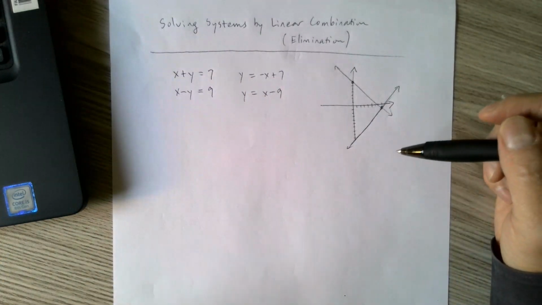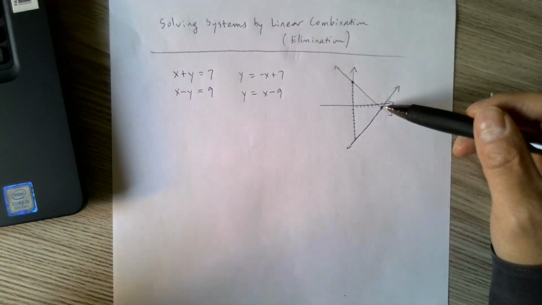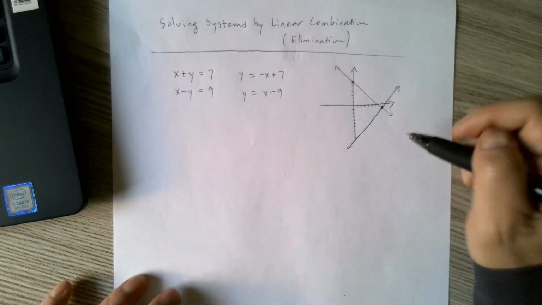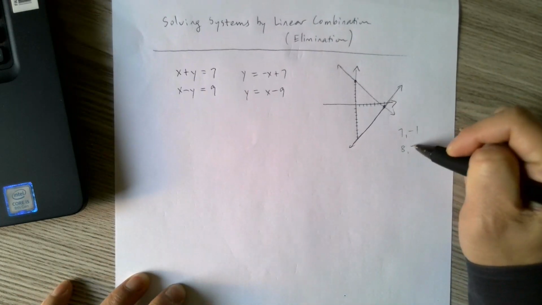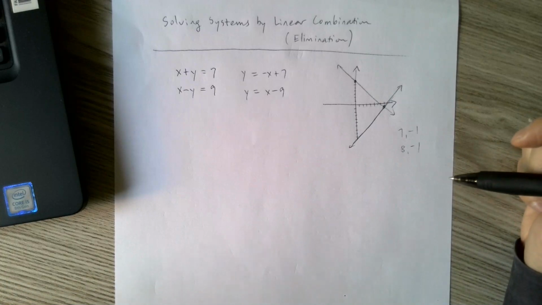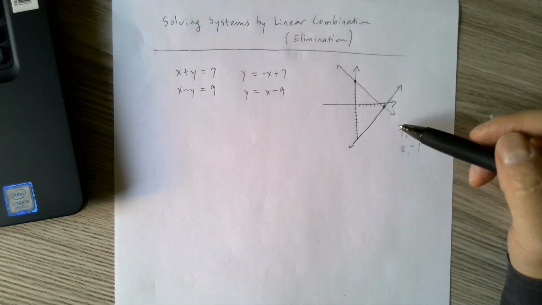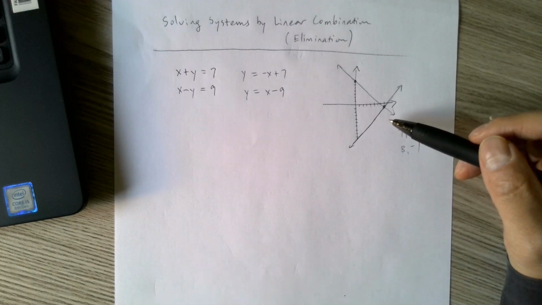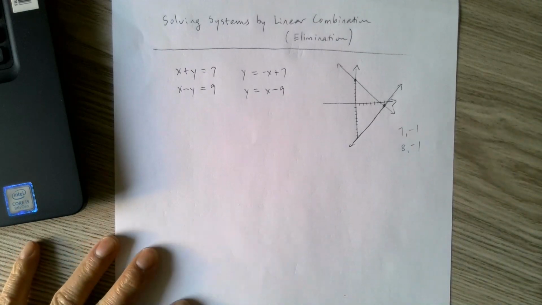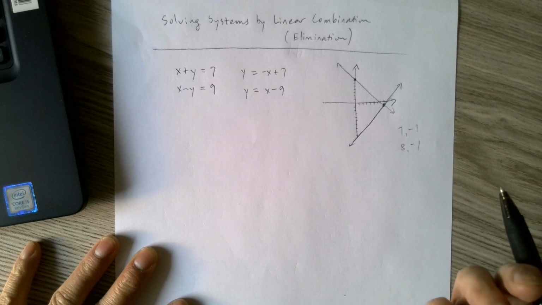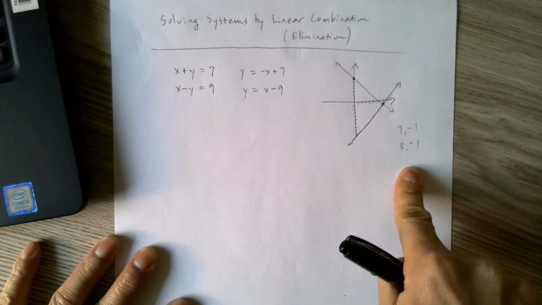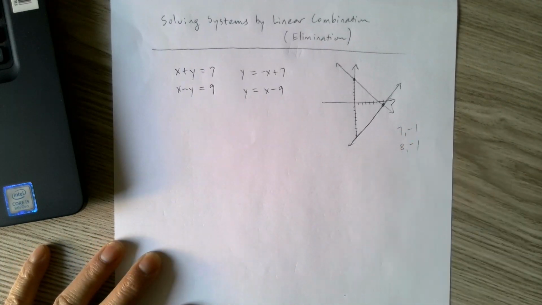If I'm told ahead of time it's integers, then I would guess it's 7, negative 1, or 8, negative 1. One of those pairs. If I'm not certain it's an integer, then I can't rely on graphing, as I said last time. So I'm going to use a second method to see if one of these two is correct or if it's neither of these.